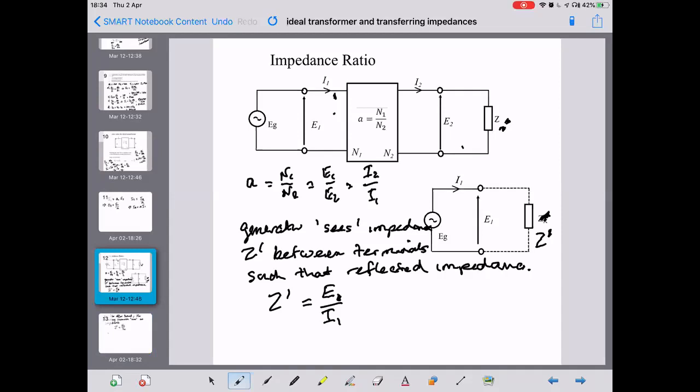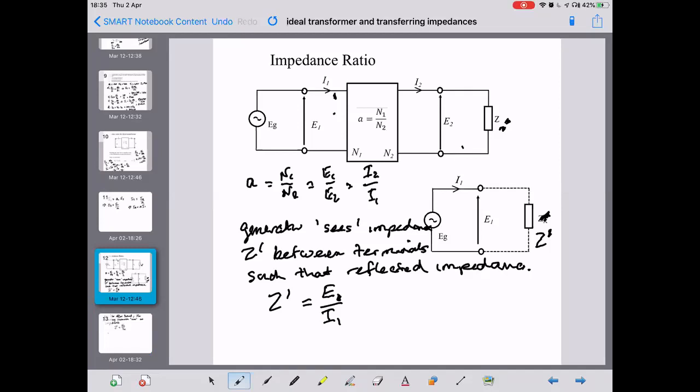Now, if the ratio A was 1, then those two would be of equal value. But when it isn't, they're not of equal value. Okay.